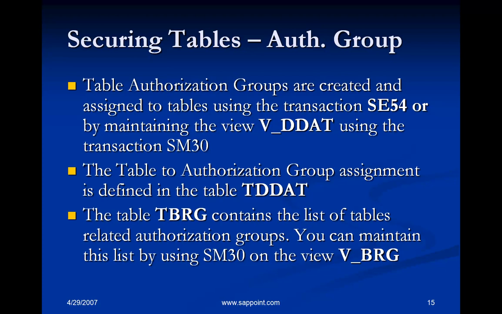But the beauty about this is that the tables are limited, and the access to the tables in the system is limited. But again, the problem with this is that it still does not take away the performance related issue and the data integrity related issue if the object S_TABU_DIS is not properly controlled.